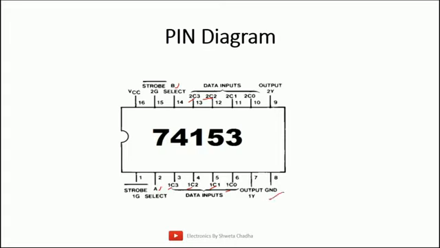Pin number 8 is ground, pin number 16 is VCC. Now strobe 1 bar is for the first multiplexer, strobe 2 bar is for the second multiplexer. Bar means active low pin, so it must be connected to ground. Hence, if you want to use the first multiplexer, pin number 1 must be connected to ground, and if you want to use the second multiplexer, then pin number 15 must be connected to ground.